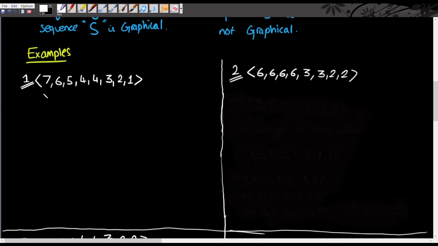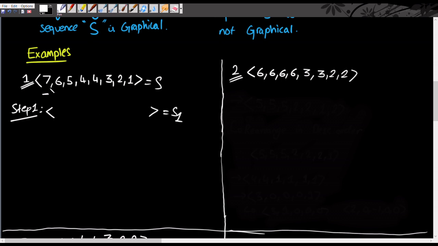So let's first take this example. You have the degree sequence 7, 6, 5, 4, 4, 3, 2 and 1. In the first step, you see your highest degree, that is 7. So you remove that. Take this as S, so your new sequence will be S1.